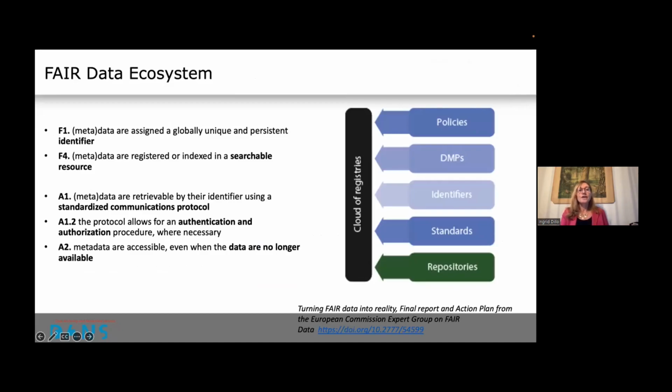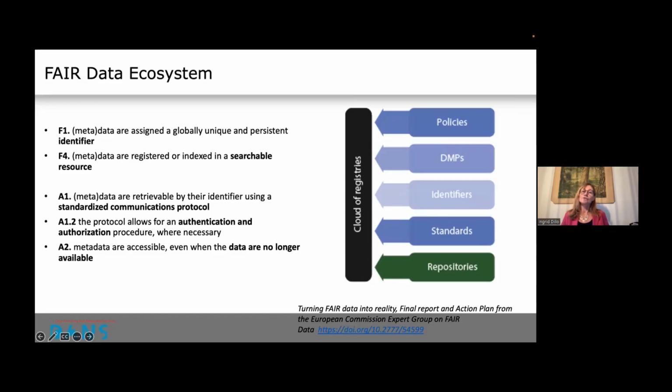The FAIR metrics also clearly show dependencies with the data infrastructure in which the data are managed, are living, and are preserved. To give you some examples of such dependencies, the persistence and resolvability of identifiers is not taken care of within the data set. You need infrastructure for that.